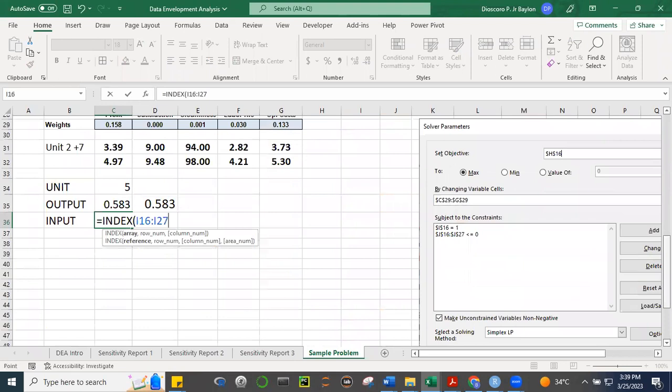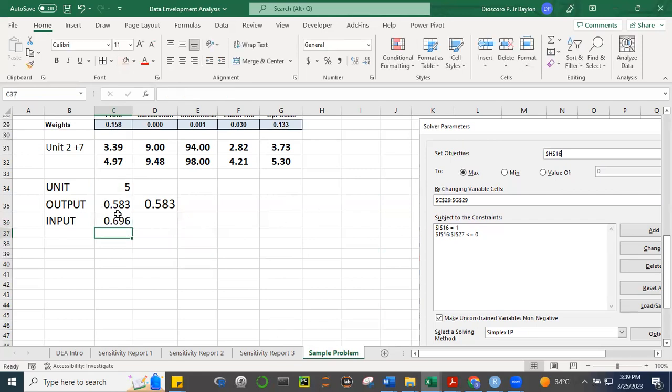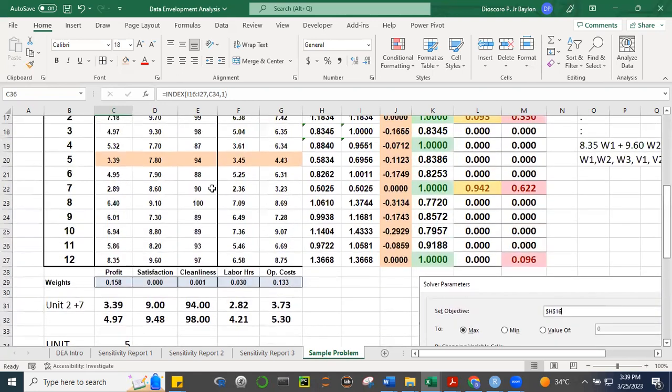Okay? And then comma, row number, we'll refer to it here. Since we're only dealing with just one, and we'll get 0.696.